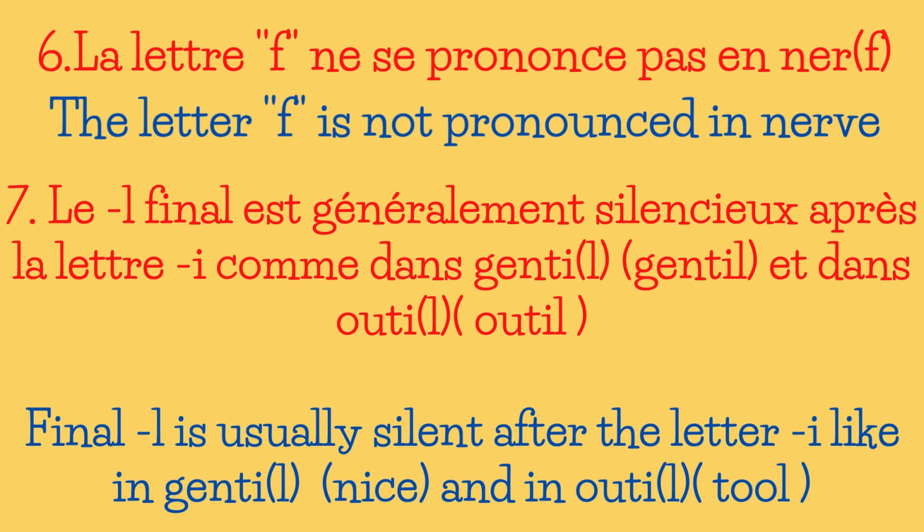So when I pronounce these two words, gentil, outil, you can hear that I don't pronounce the letter L. Final L is usually silent after the letter I, which means when a word ends with IL, we don't pronounce the letter L. Gentil, outil.